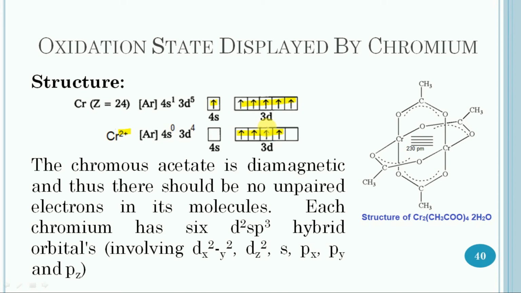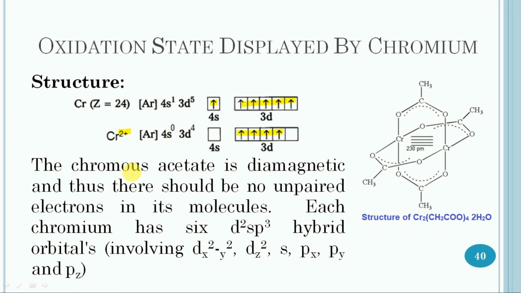On the basis of it, we expect that the chromium 2 acetate monohydrate complex is paramagnetic in nature, but actually it is diamagnetic, and thus there should be no unpaired electron in its molecule.